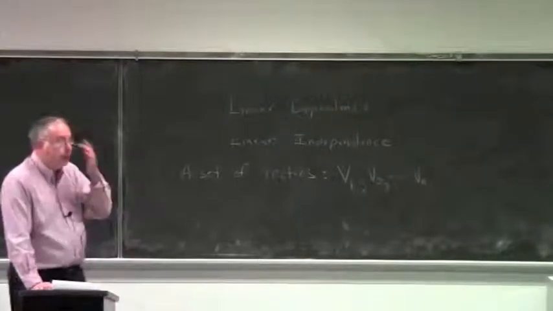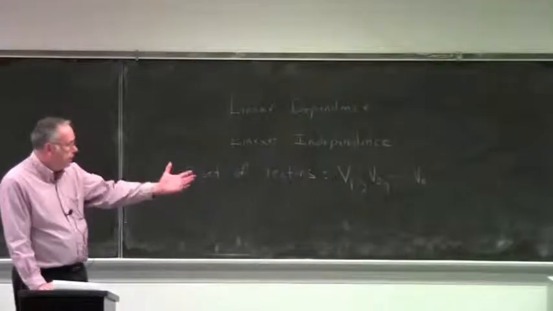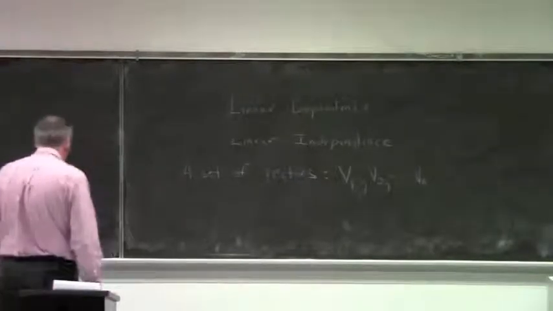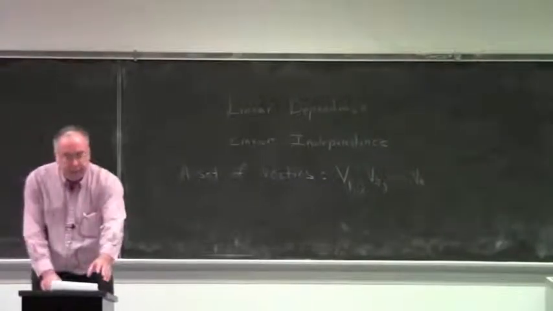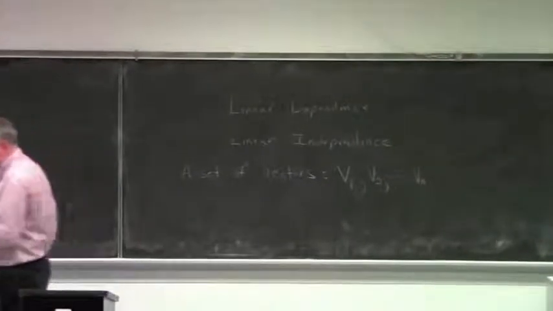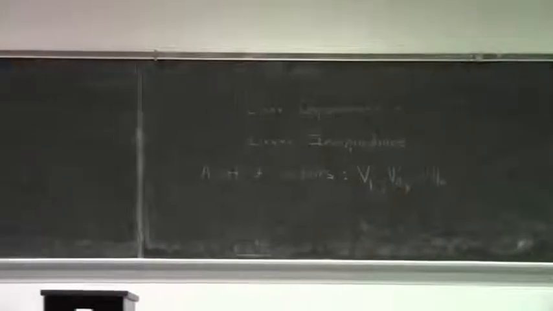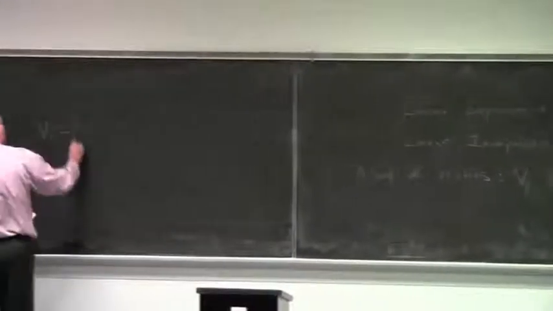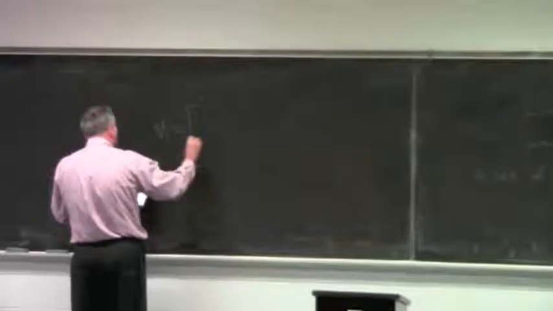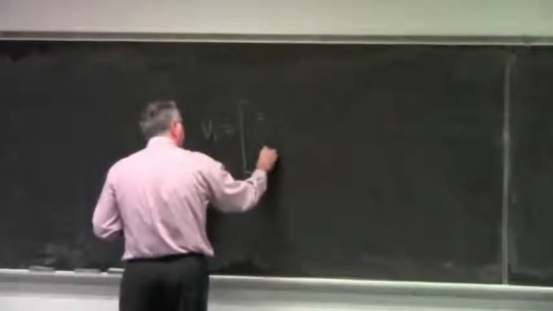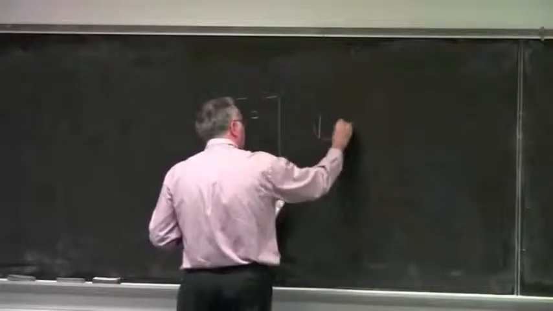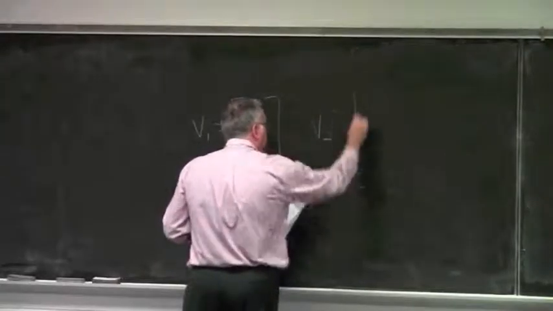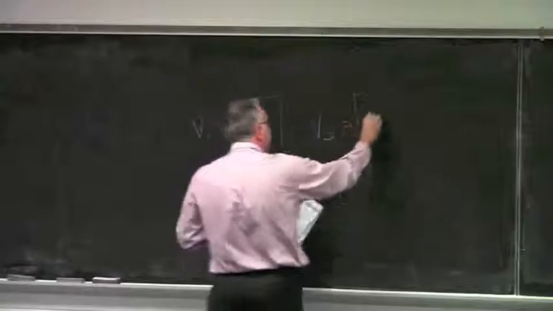Let me illustrate this with a simple example, and I'll take this example right out of the book. Suppose we have these three vectors. v1 is a 2 by 1 vector equal to 2, 7. v2 is another vector equal to 1, 8.